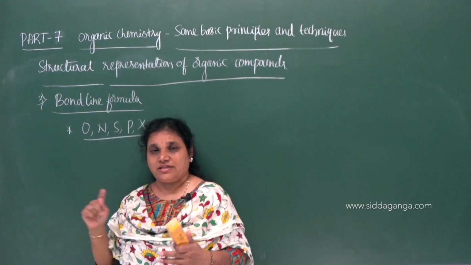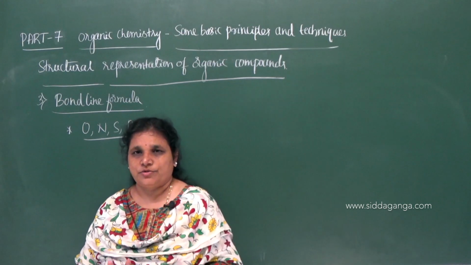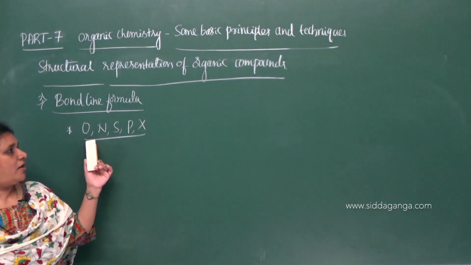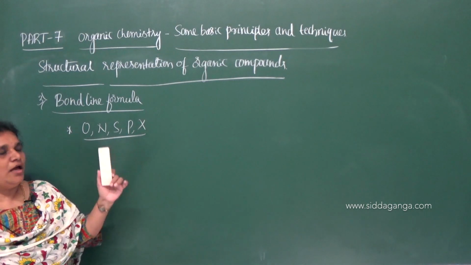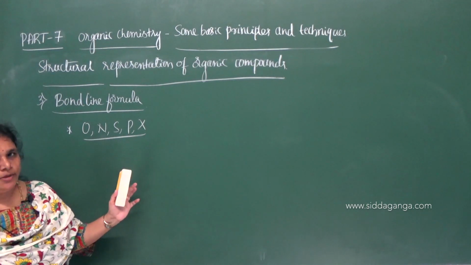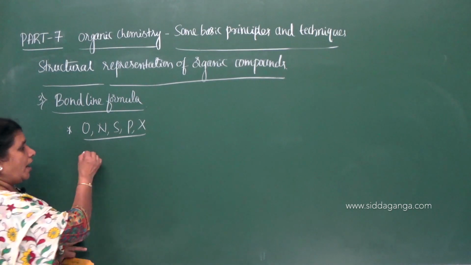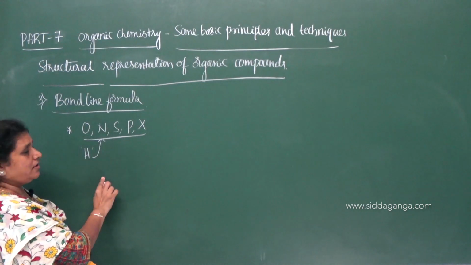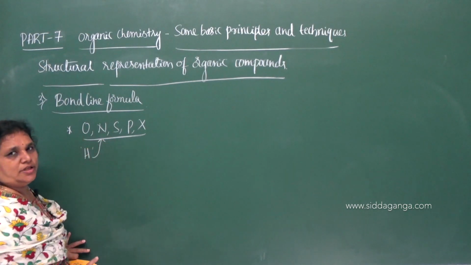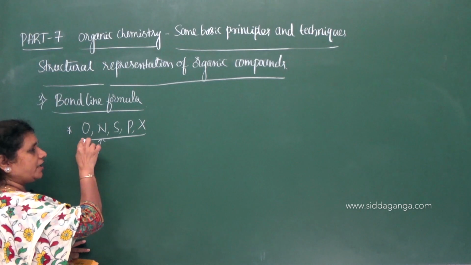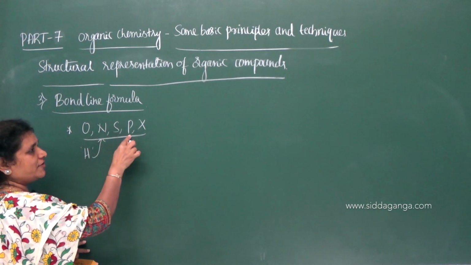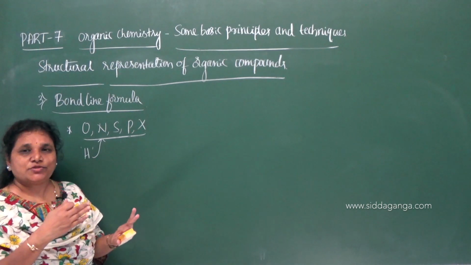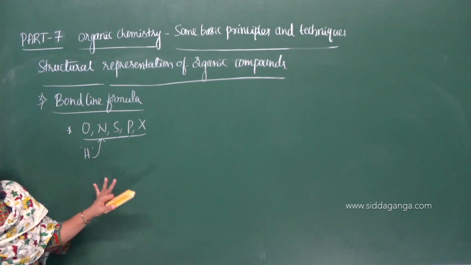Hydrogen atoms attached to oxygen, nitrogen, sulfur, phosphorus can be shown in the formula, but hydrogen attached to carbon is not shown.